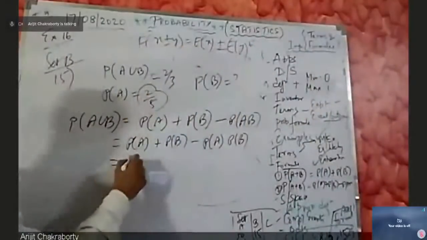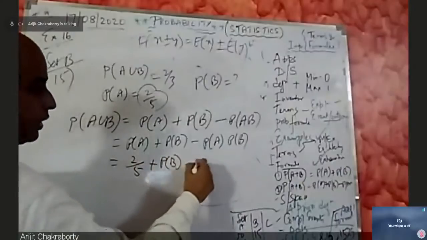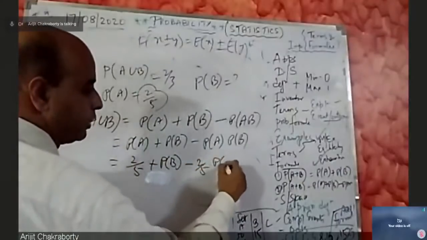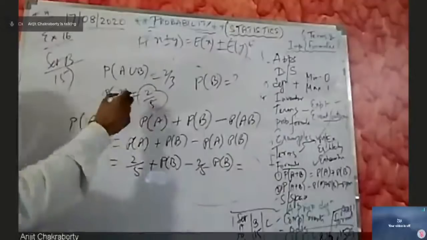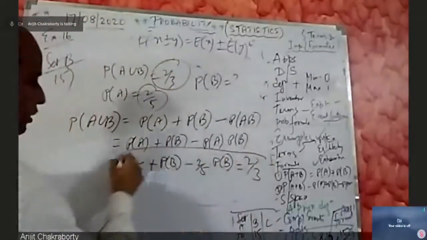So this is P(A) plus P(B) minus P(A) into P(B). If I put the value of P(A), what do I get? 2/5 plus P(B) minus 2/5 into P(B), which is equal to 2/3, which is given. This is my equation.